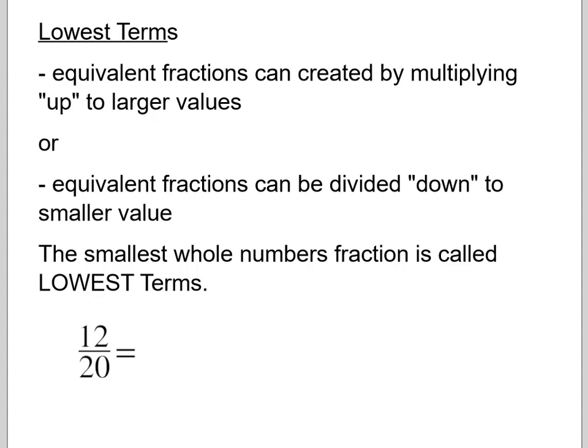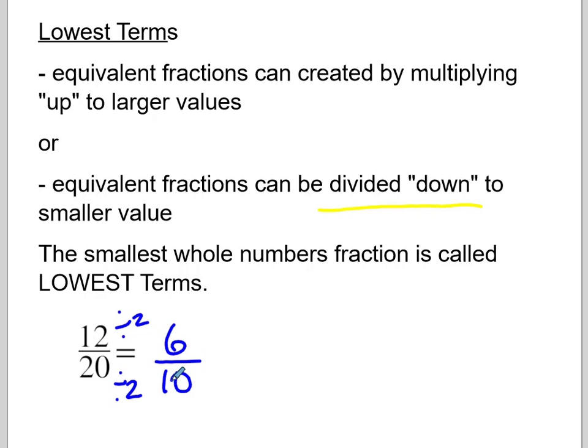But if we're looking for something called lowest terms, we want to actually get the fractions to be smaller. So we can create equivalent fractions that are smaller by dividing down. Okay, so we can take a large number and divide the top and bottom by the same amount, and we can shrink them. So if we have something like 12/20ths, if you divide top and bottom by 2, you get 6/10.